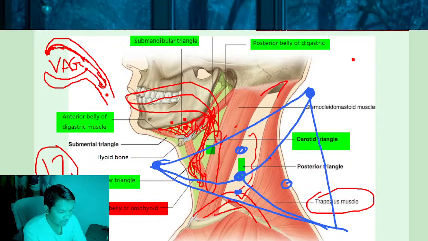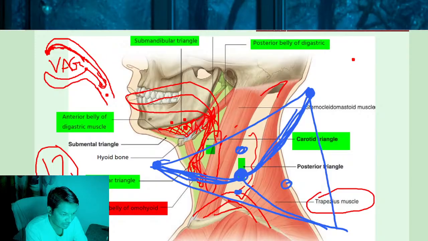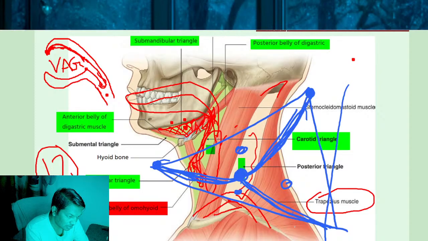The omohyoid has an anterior belly and a posterior belly. From this junction, the omohyoid hangs down, and it has a superior belly, and in between there is a partition like this. It has an inferior belly.